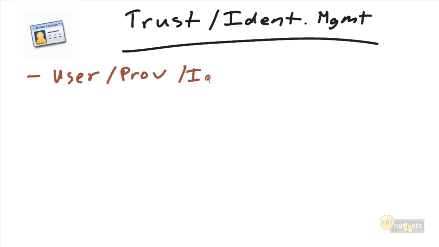How do we identify users of the network infrastructure? Cisco gives us many tools in this regard, including an architecture called AAA. No, this isn't the Automobile Association of America. This is authentication, authorization, and accounting services.